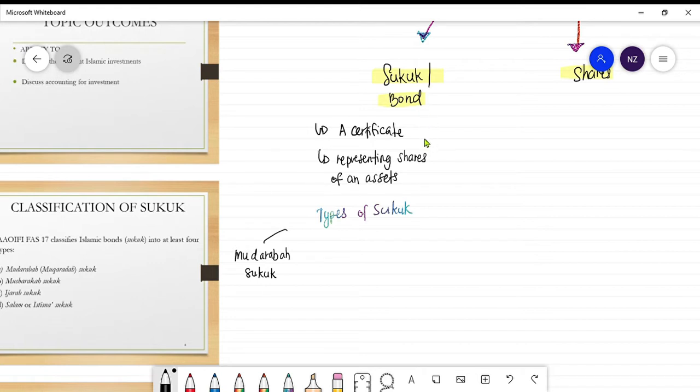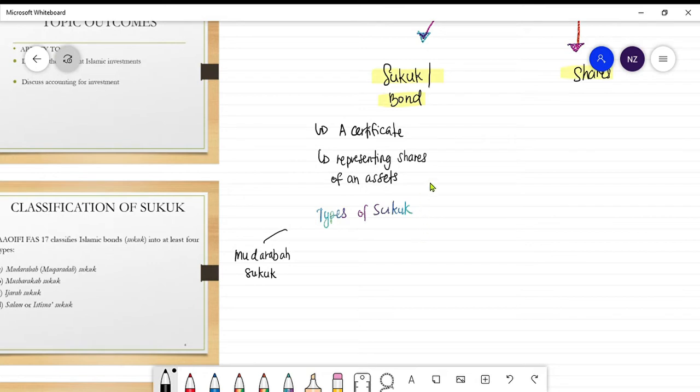If this asset provides return or can generate return, the return will also be distributed to these sukuk holders. Meaning whoever owns that certificate will get profit generated from the asset.